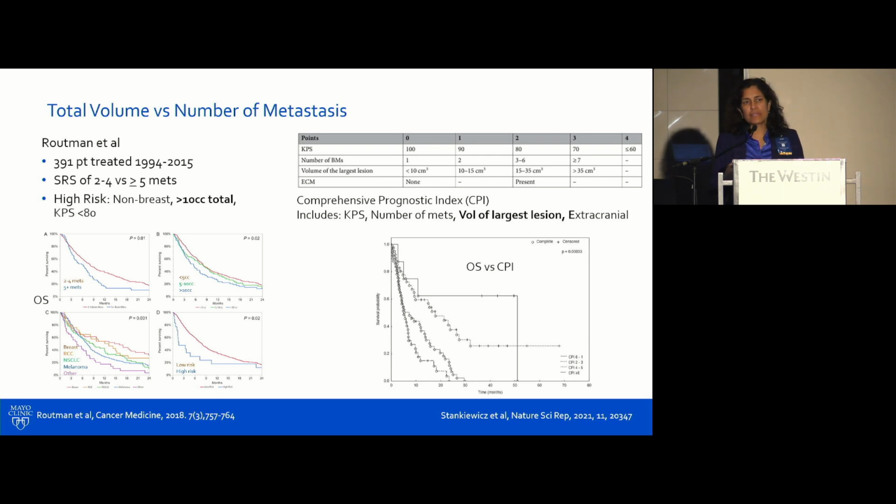So if you're trying to get a gestalt of how patients might do, this might be another parameter to look at: the total volume of all of those brain mets. If you've got these big, huge metastases, we're not going to get good control with radiosurgery because our dose goes down, plus it's a burden of disease. Perhaps that's not the best patient for radiosurgery, and maybe we use alternative approaches.